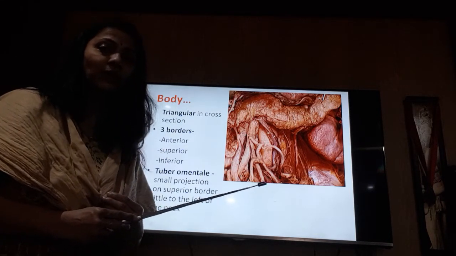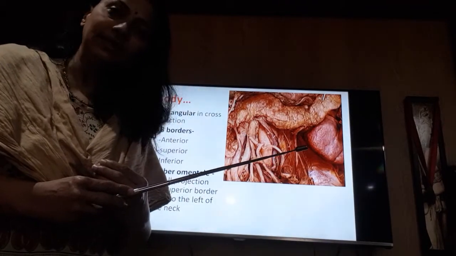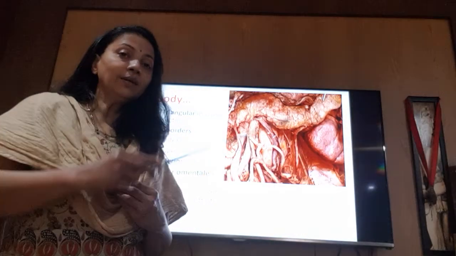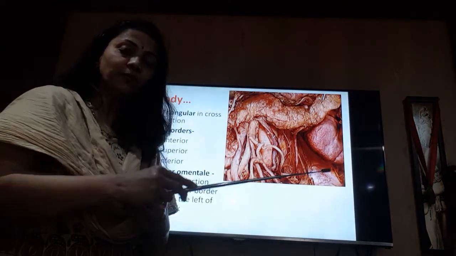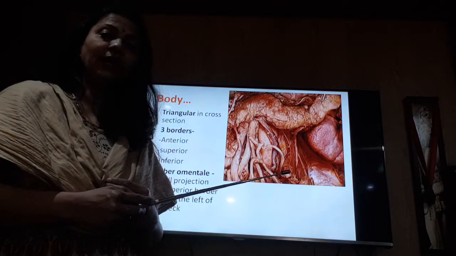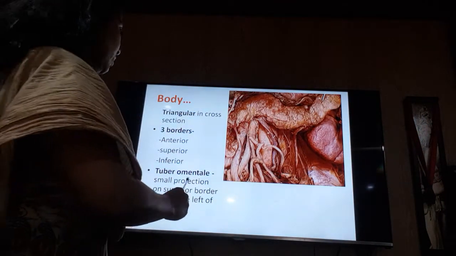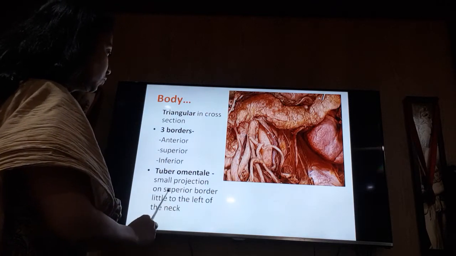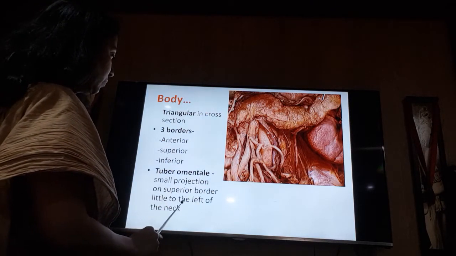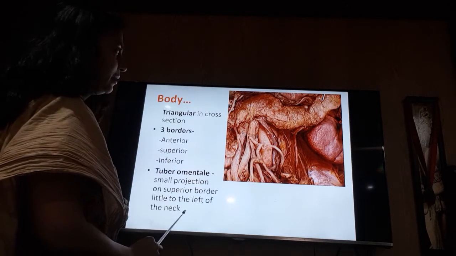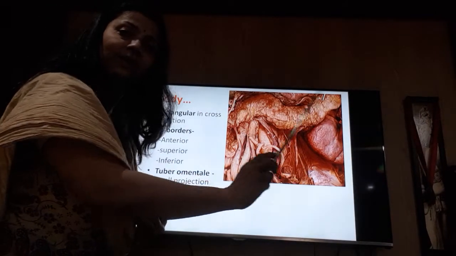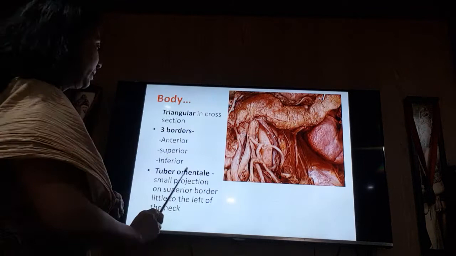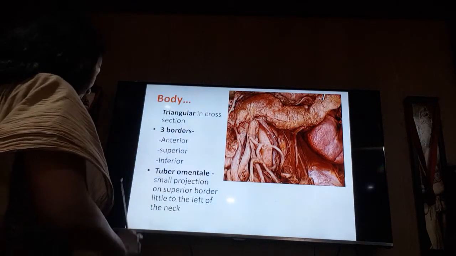I had showed you just when the neck had ended and body had started, the superior border, it had an elevation, and that was tuber omental. It is a small projection on superior border, little to the left of the neck, isn't it? The left side, that side. Clear? That is tuber omental.